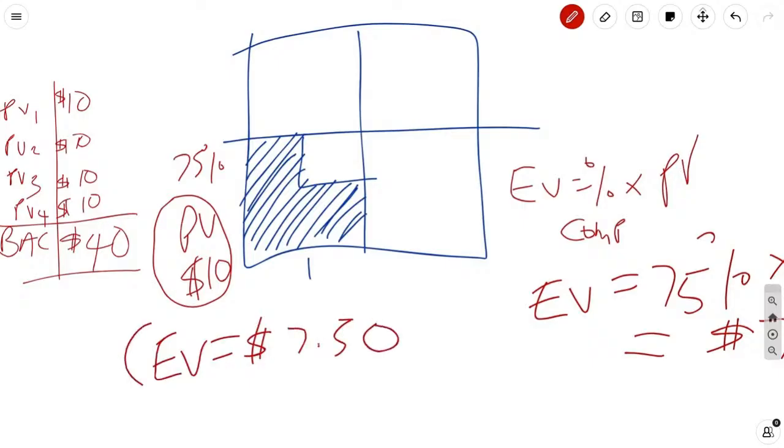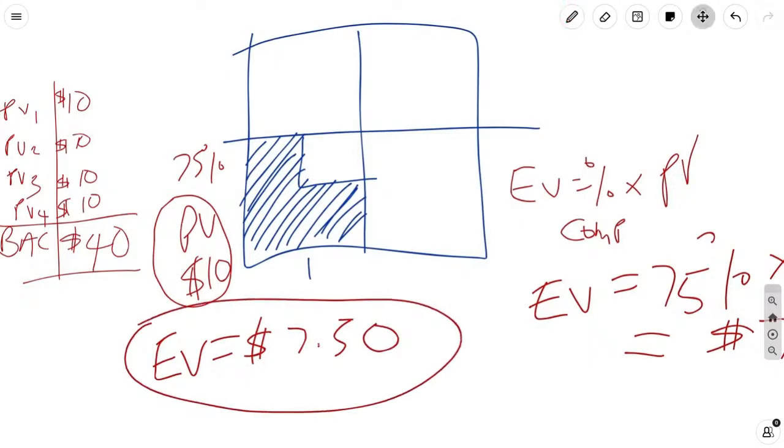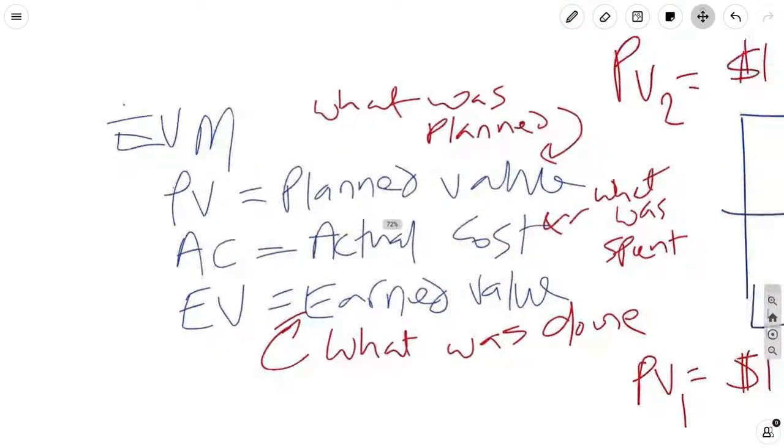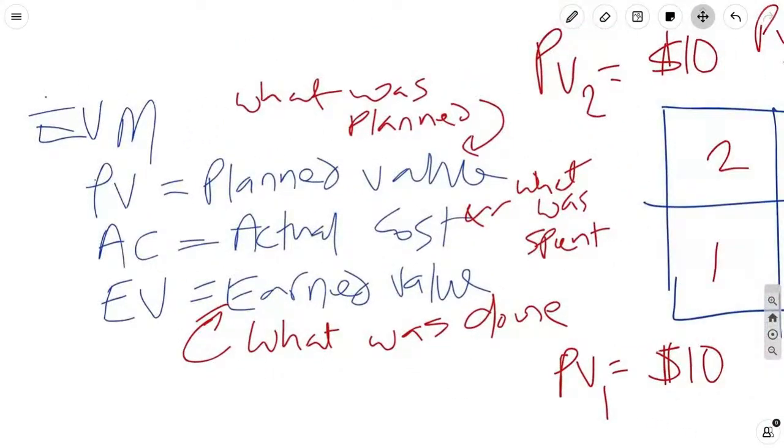So we have a planned value, we have an earned value, which is $7.50. And then the final variable, let's go back to the beginning. The final variable, as you can see here, is actual cost. What was spent? And what was spent is generally given to you in the question. That's right.